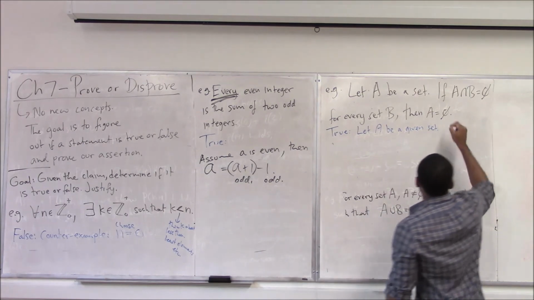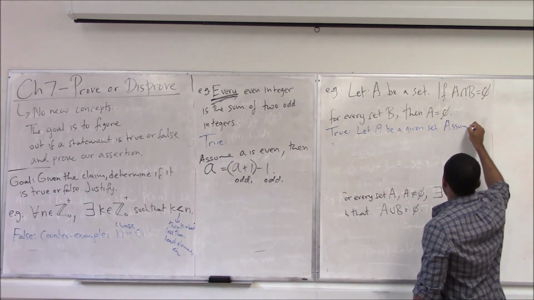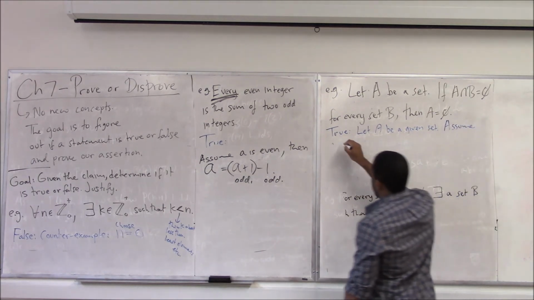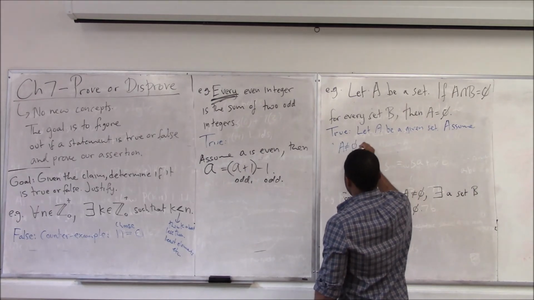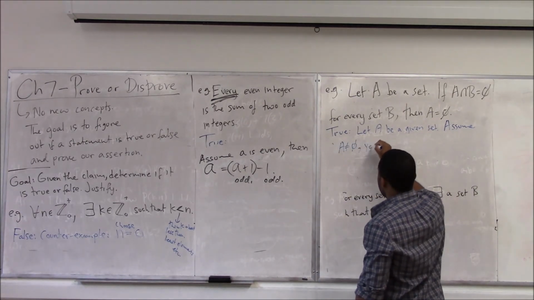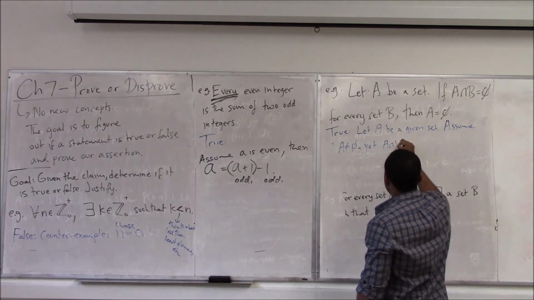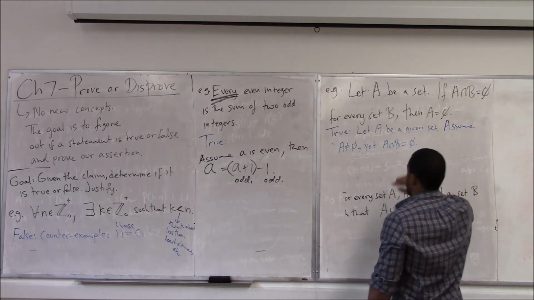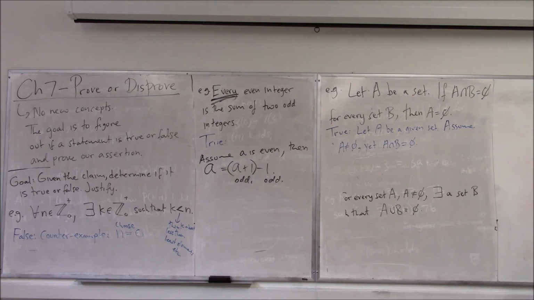Assume A is not empty, yet A intersect B is empty. So I'm assuming that this is true, but that is not true. Let's get a contradiction.